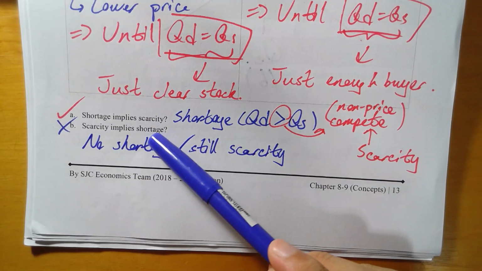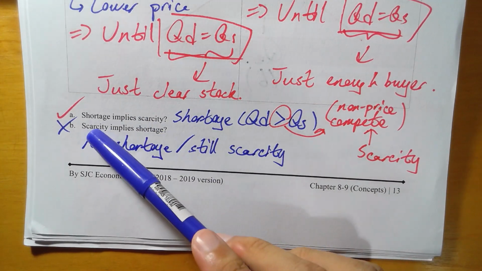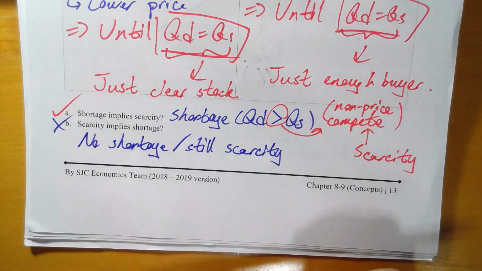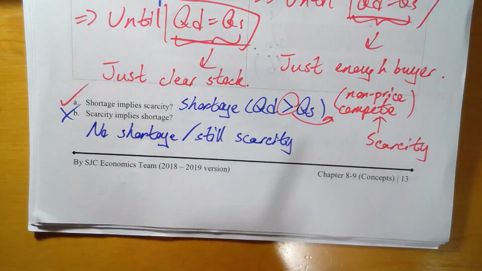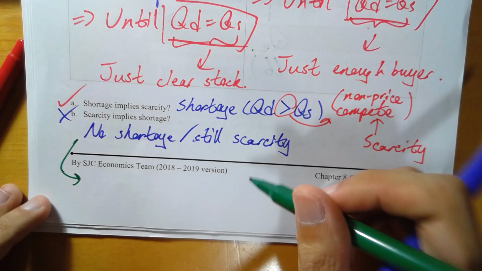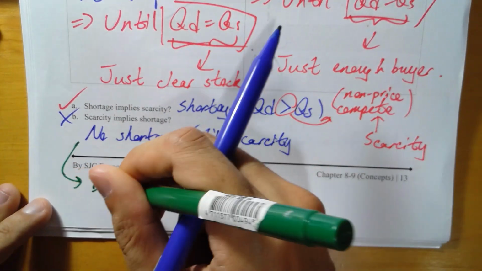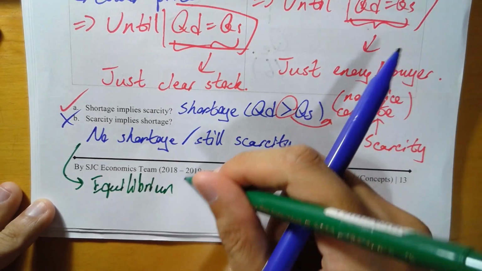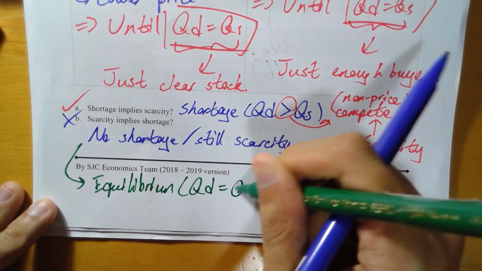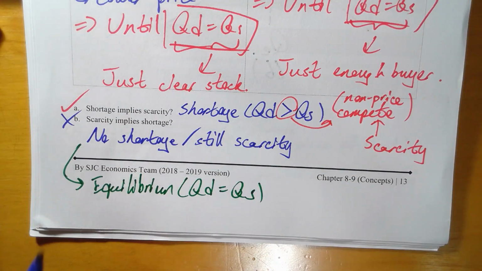Implies mean it must exist, but we can find a situation, this exists, but this does not exist, right? No shortage. In fact, I suggest we do equilibrium case, equilibrium, where QD is exactly equals to QS.